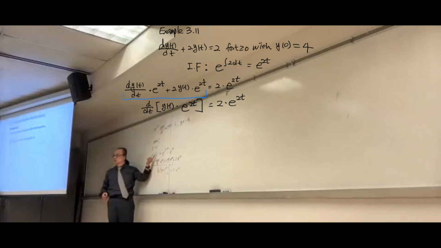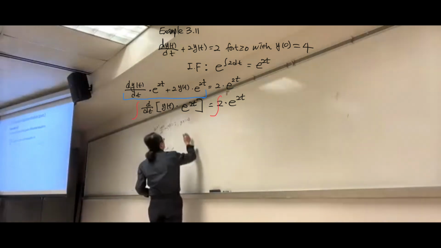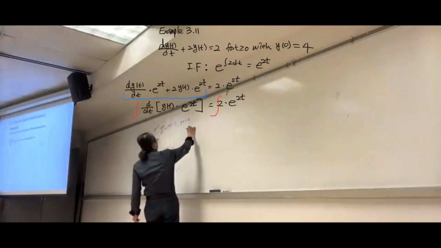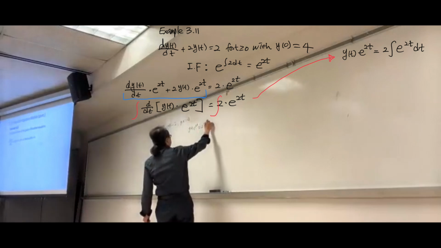So it's just the exact same one. Now we can take the integral of both sides. Then the left-hand side, we have y of t e to the 2t, equals the right-hand side, 2 times 1 over 2 e to the 2t plus c.